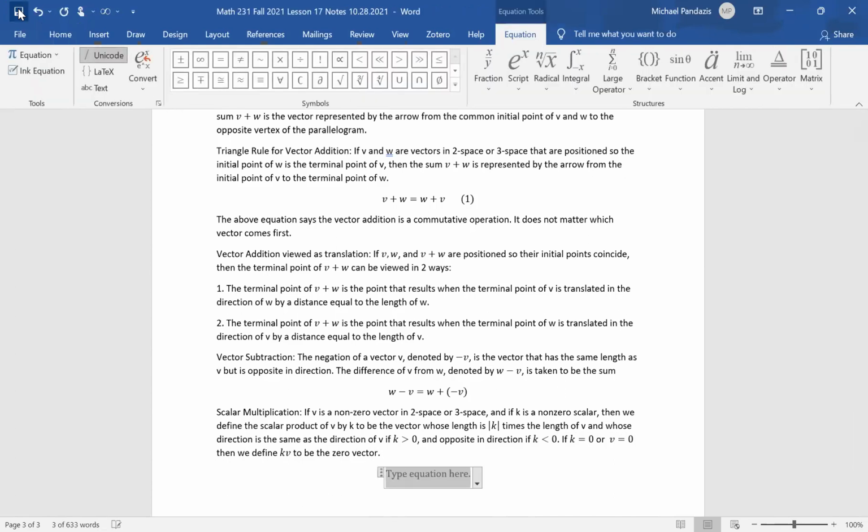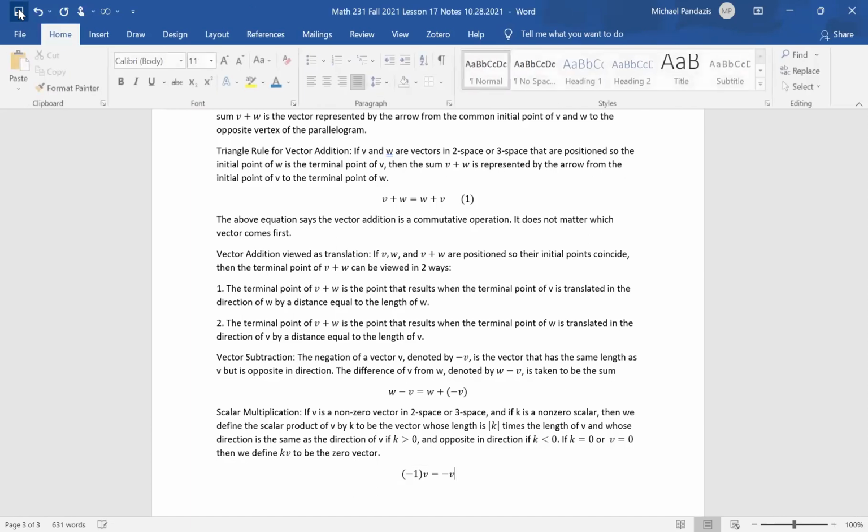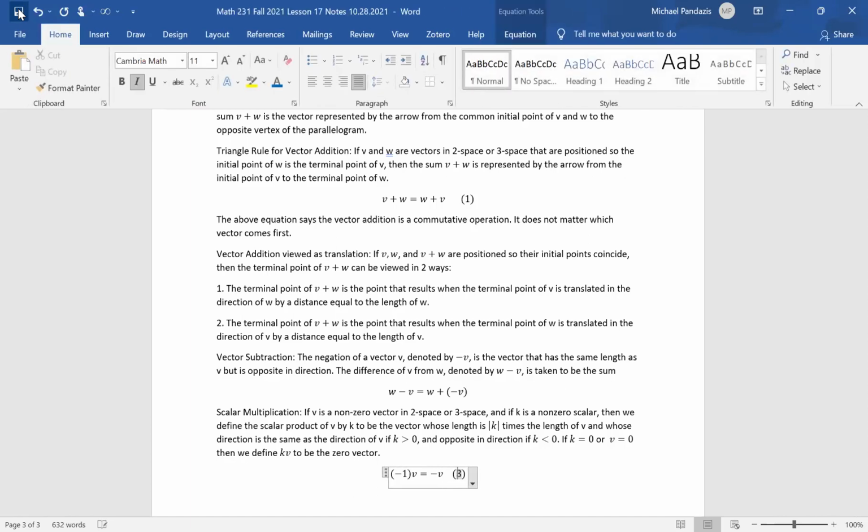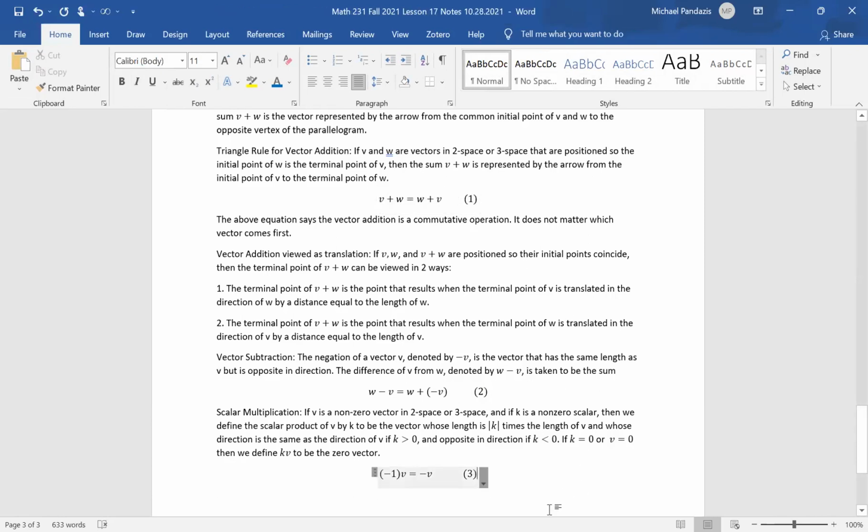And also, if you take -1 and multiply it by v, that's negative v. Okay, so -1 times v is negative v, the vector negative v from before. And I'm denoting this with a 3 and this is 2. I'm not multiplying by these numbers, I'm just indexing for reference. Okay, so -1 times v is equal to negative v.